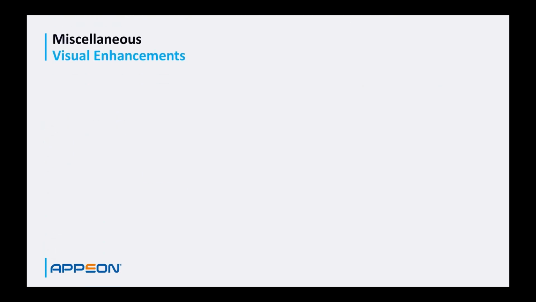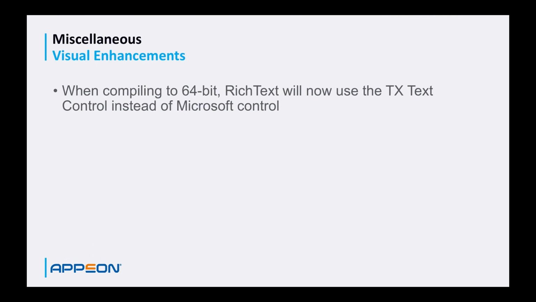Now, let's talk about some miscellaneous visual enhancements we've also done in R3 that are worth noting. If you're going to 64-bit, in the past, if you used a rich text control, it would actually be using Microsoft's rich text. And that's really weak compared to the TX Text control that Appeon has OEM'd and put in PowerBuilder for 32-bit.